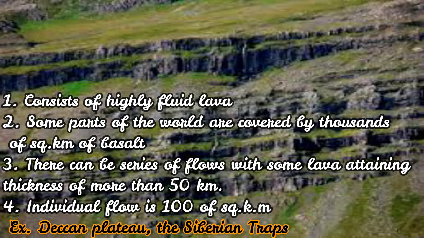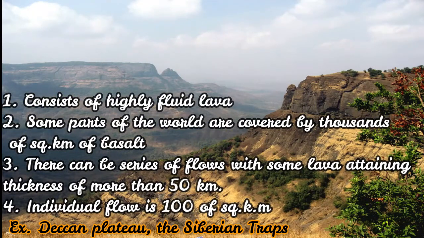Some parts of the world are covered by thousands of square kilometers of basalt, and there can be a series of flows with some lava attaining more than 50 kilometers. Individual flow is hundreds of square kilometers, and thus it leads to the formation of flood basalt provinces. The best examples are the Deccan Plateau and the Siberian Traps.